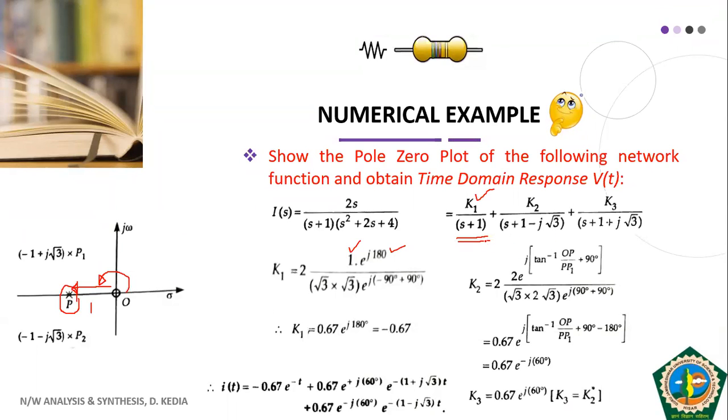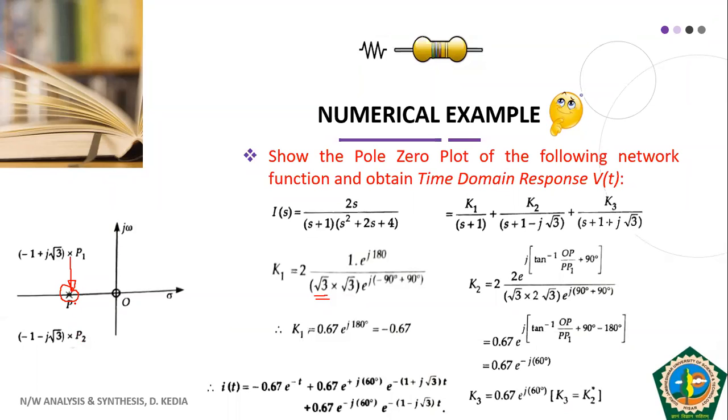Now, apart from this considered pole, we have 2 more poles. So we will now find the distance and the phasor angle. Let us see. This is the considered pole. We will find the distance from this pole to the considered pole. How much is the distance? The distance is root 3. J indicates the complex number only. So this is root 3.